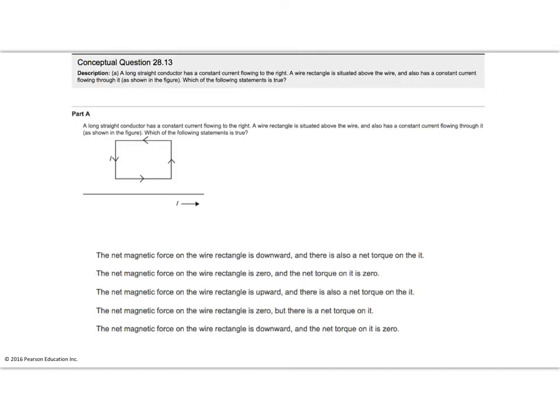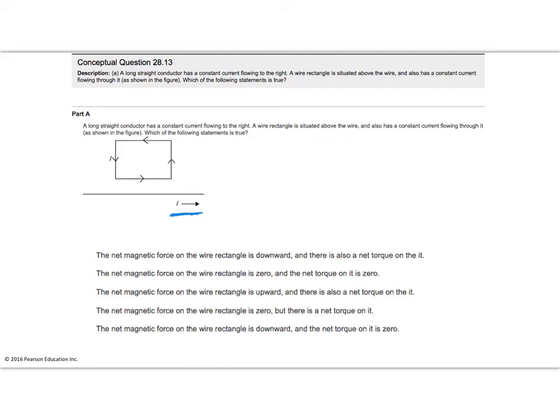Okay, now in this problem, we have to read it carefully and think about what we're doing. We have a long straight conductor with a constant current flowing to the right. That's this wire down here. And then we have a wire rectangle above it that has a current going through it as well.